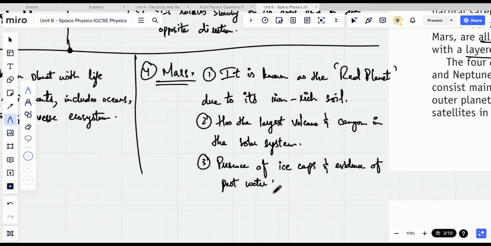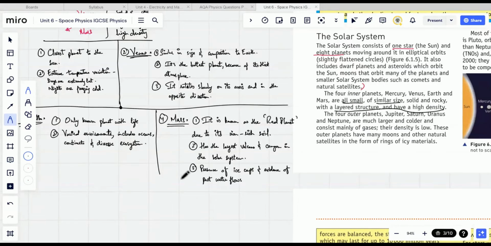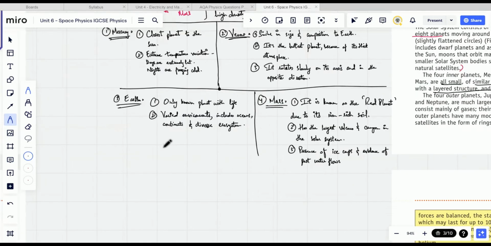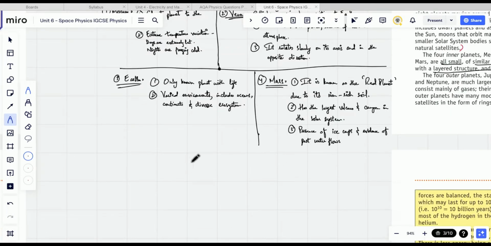There used to be water on Mars. So it's important that you all know about these things about the planets around us in the solar system.